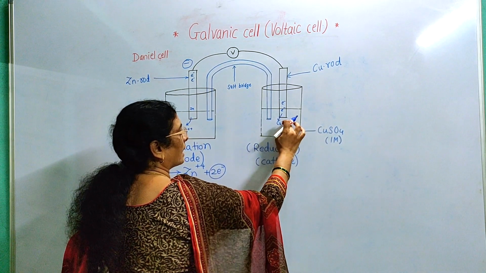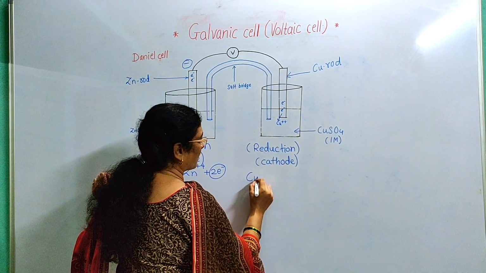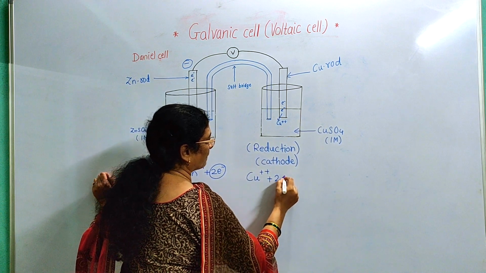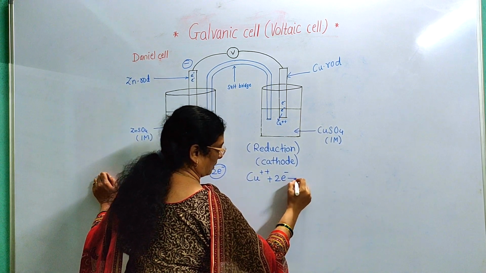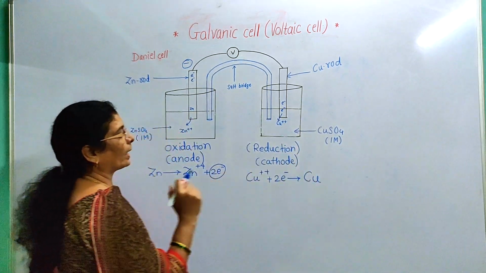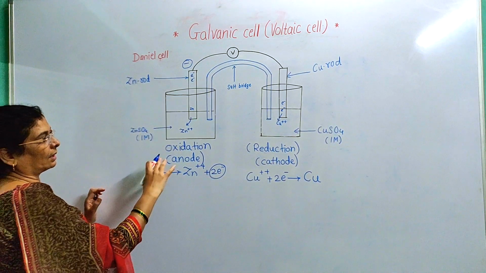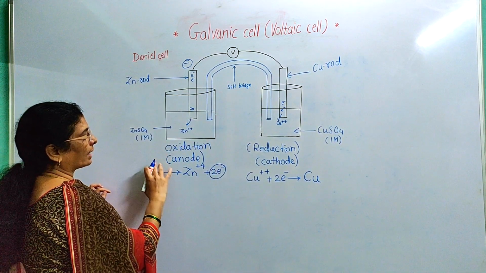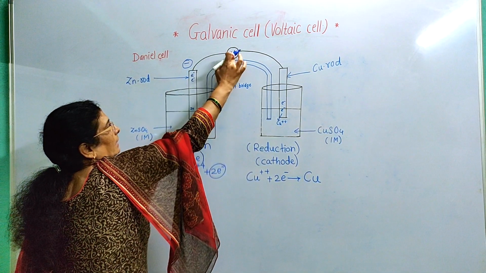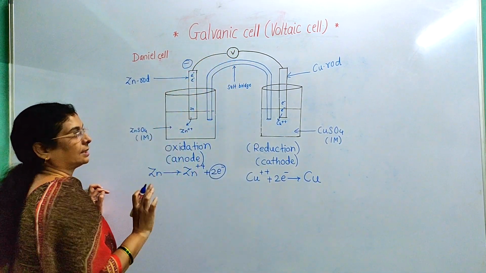These electrons are accepted by Cu++ ions which are present in the solution, and by accepting the electrons, Cu++ ions are converted into Cu atoms. Like this, the reaction is completed, or you can say that there is flow of electrons, due to which we can obtain electrical energy here.